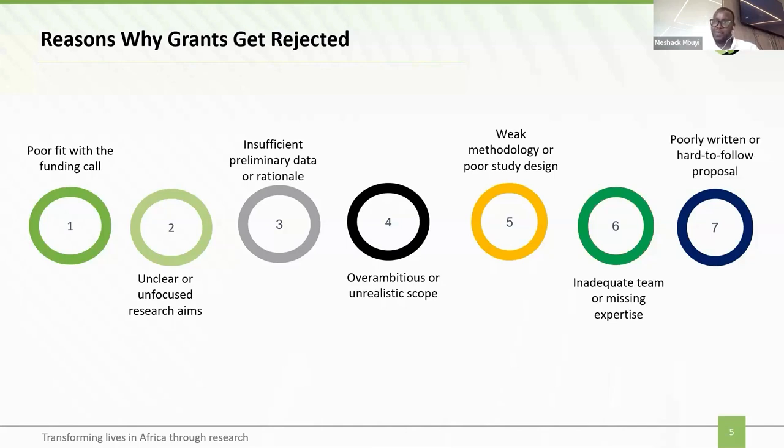Also, sometimes proposals are poorly written or hard to follow. Poorly written proposals make it very difficult for the reviewers to follow, and when they cannot follow, they will struggle and eventually give low marks. So those are some of the reasons why a grant may get rejected.